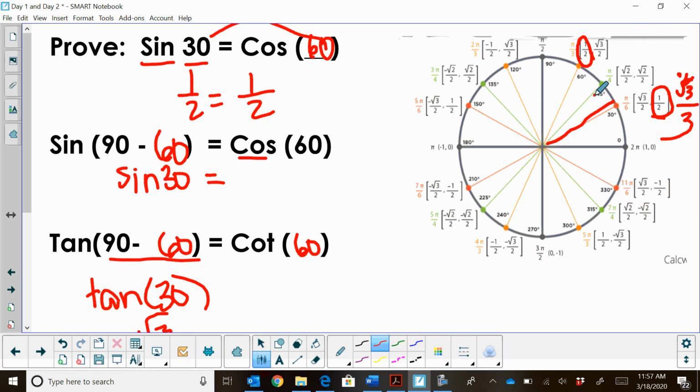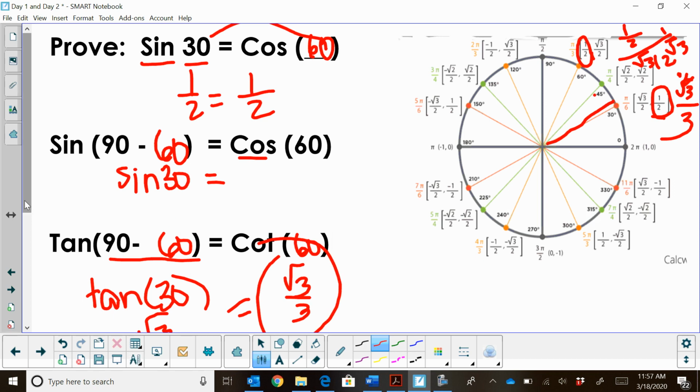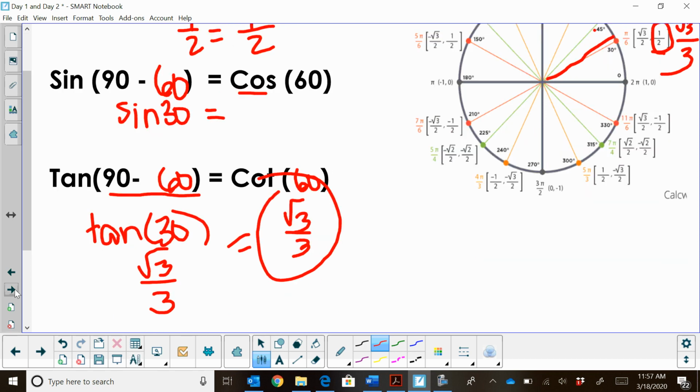The cotangent is going to be your x over your y value, which is going to end up being 1 over root 3, which we know simplifies to root 3 over 3. And so those two are indeed equal to each other. So that's what it means to be a co-function.